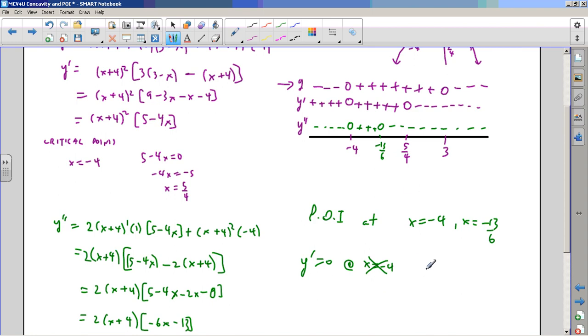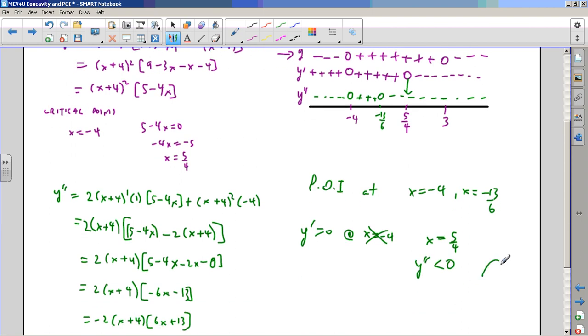We also had x equals 5 quarters as a critical point. And notice that here, the second derivative was negative. So what does that mean? Negative, frown, it means that we got a maximum.